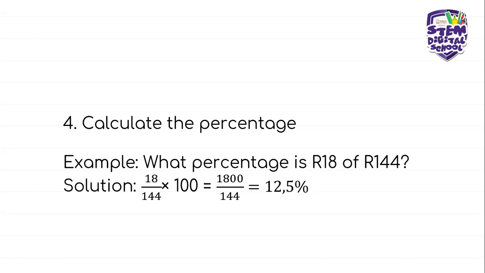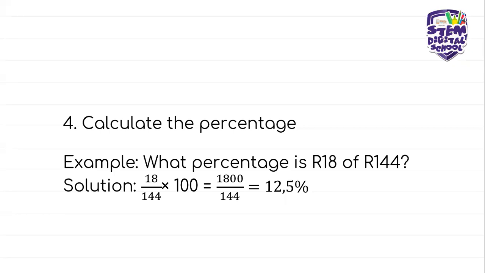Say, for instance, you have to pay 144 rands. And now you are required to subtract 18 rands there. How much is that in percentage? Because you can express money in percentage form. The manner in which we calculate this, we take the 18 rands, and then we divide it by 144. Then we multiply the answer by 100.